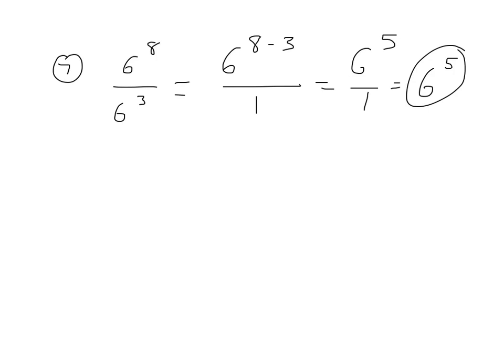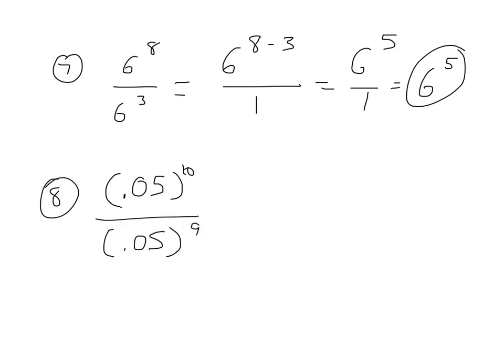All right, so what about something like this, though? What about something like that? 0.05 to the 10th over 0.05 to the 9th power. Well, it's the same thing. It doesn't really matter if it's a decimal or not. Both of these powers have the same base of 0.05.